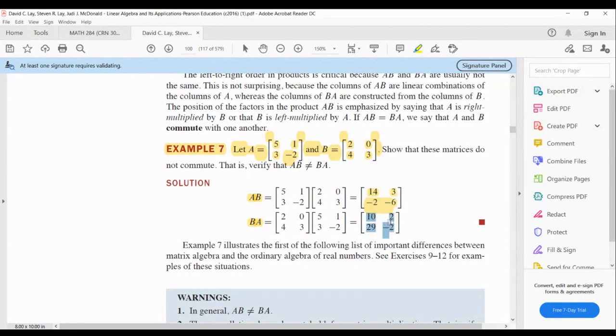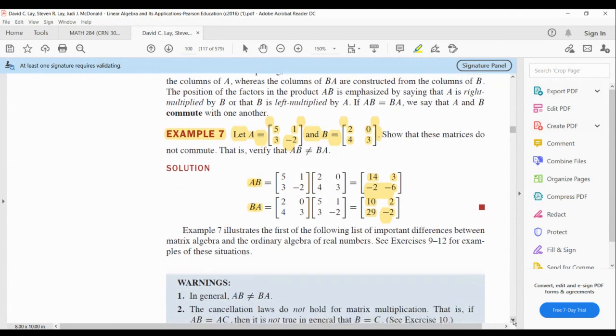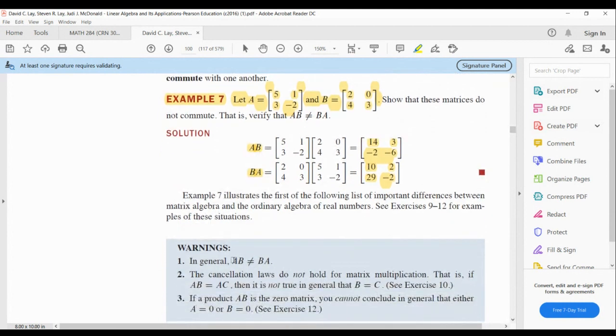These two matrices are different. To disprove something, all you need to do is find one counterexample. And that's a counterexample. So in general, A times B is not equal to B times A.